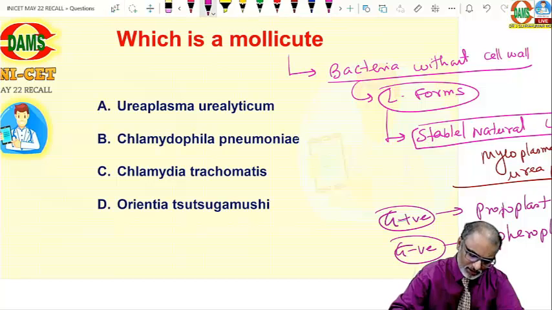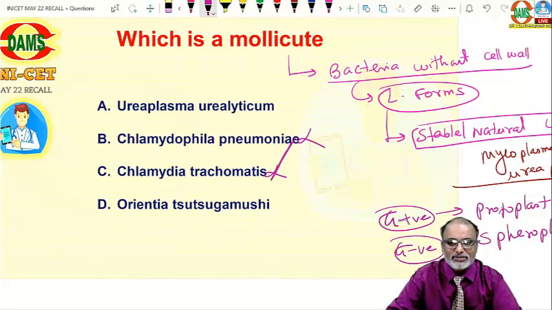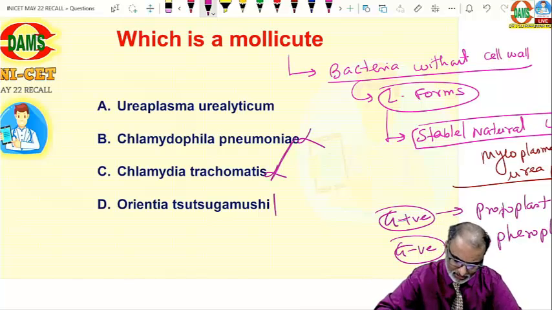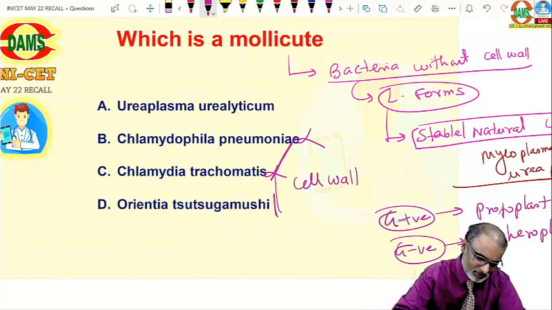See carefully here. Chlamydophila pneumoniae is obligate intracellular. Chlamydia trachomatis, obligate intracellular. Orientia tsutsugamushi, which is causing scrub typhus, mite is the vector. They have cell wall. They all possess cell wall except ureaplasma.